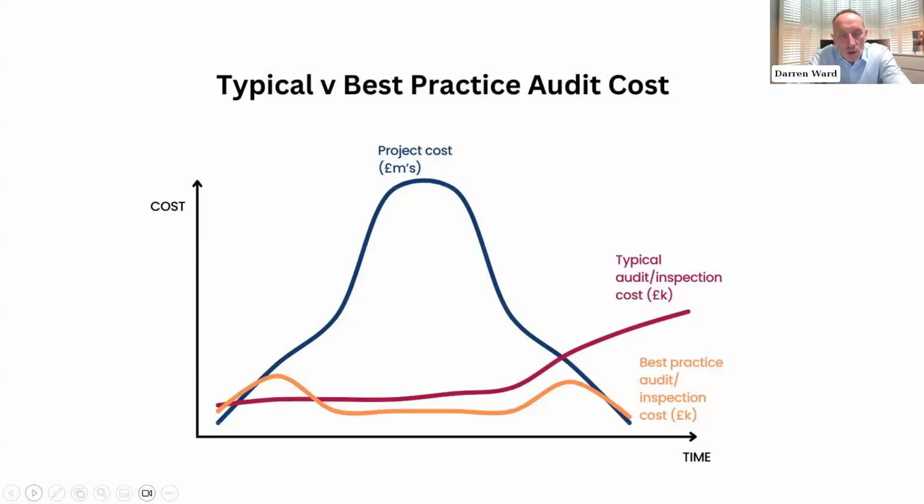However, what we do see a lot of is the opposite, where there are ongoing inspections on the red line, month in, month out, that don't really draw any conclusions. And then as the project completes, we see massive demands for accounts and records and inspections dragging on long after the project is finished.